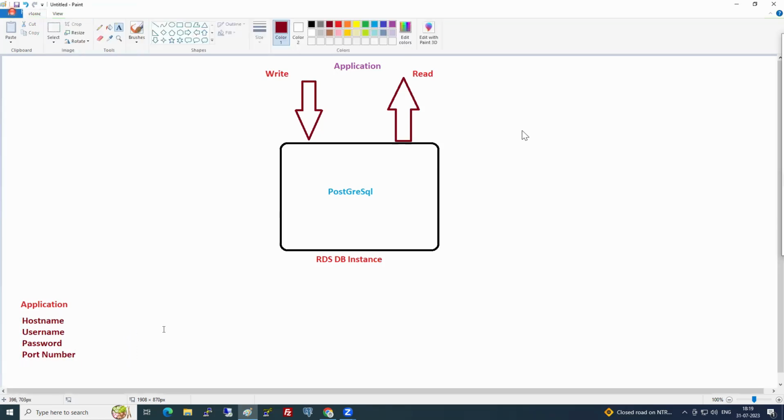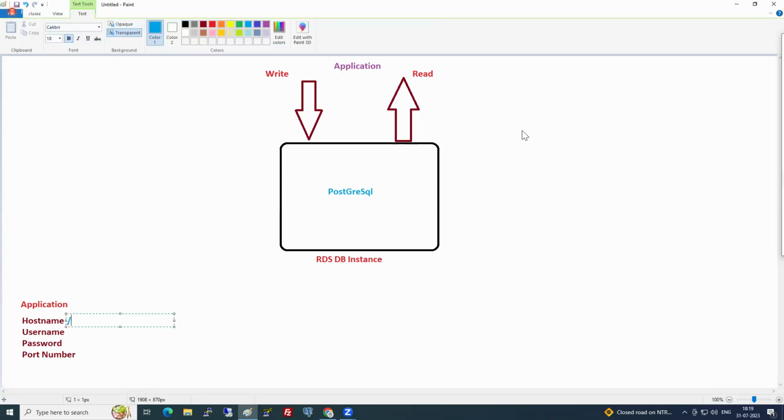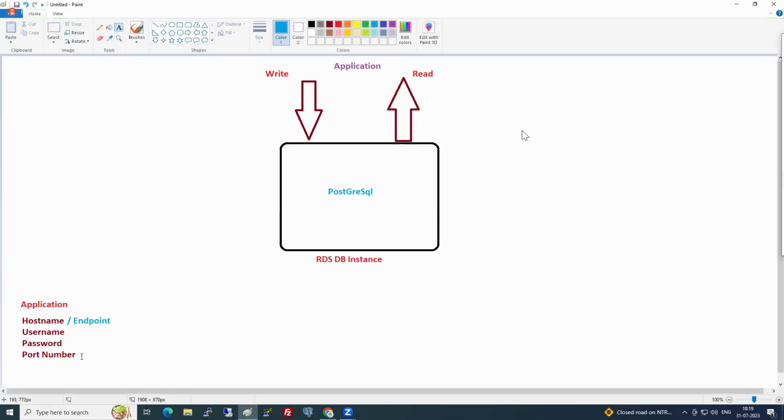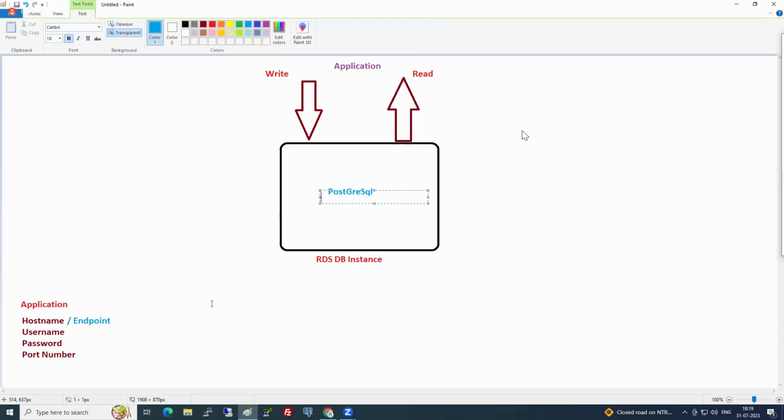Username and password, we can give while creating the database. Whereas host name, instead of host name, now we call it the endpoint. What is that host name called here? Endpoint. And port number purely depends upon your database engine. If you are selecting Postgres, 5432 is the port number. If you're selecting Oracle, there is one port number. If you're selecting MySQL, there is another port number.